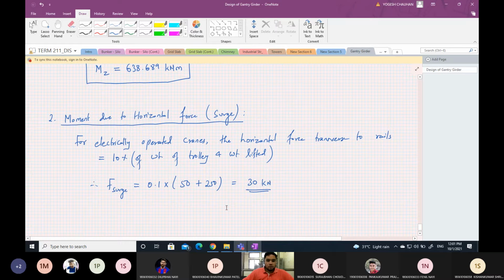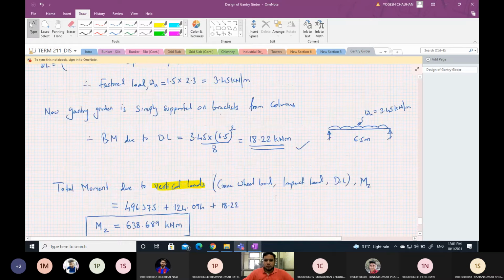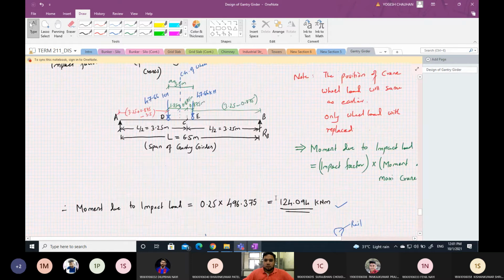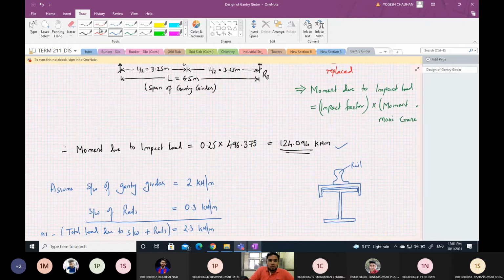Now this surge force will be transverse to the rail. This is along the length of the rail, and the force will be transverse to this.